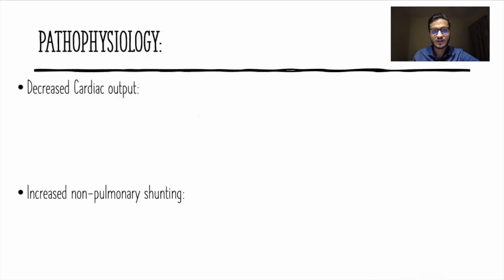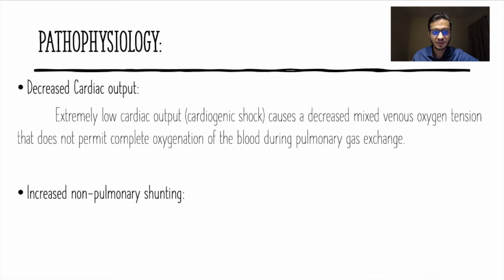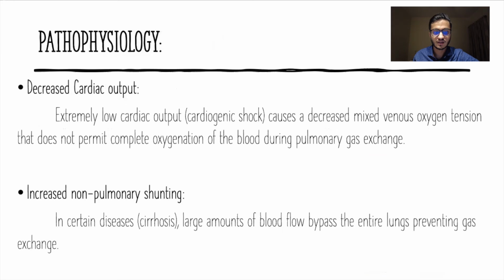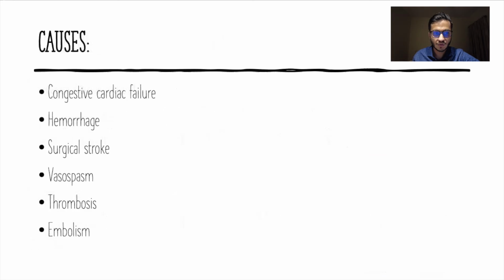So the pathophysiology can be divided into either decreased cardiac output, as in cardiogenic shock, where there is extremely low cardiac output, which causes decreased mixed venous oxygen tension and does not permit complete oxygenation of the blood during pulmonary gas exchange, or increased non-pulmonary or extrapulmonary shunting, as in cases with hepatic failure like cirrhosis, in which there is release of a lot of endotoxins causing vasodilatation or arterial dilatation, causing bypassing of this blood from the pulmonary circulation. The causes being congestive cardiac failure, hemorrhage, surgical stroke, vasospasm, thrombosis, or embolism.